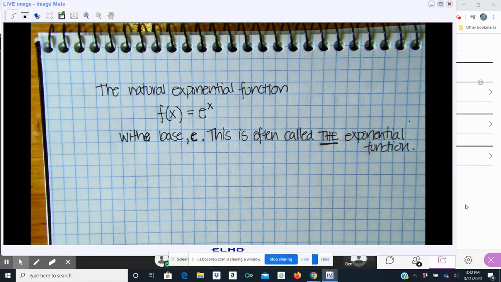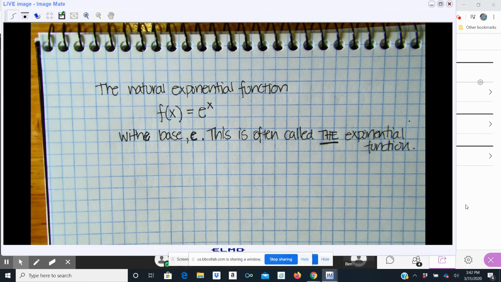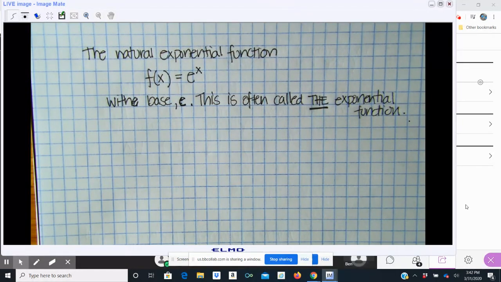So I only mean this because sometimes you will see this in reference. So sometimes they'll say using the exponential function. And when they say using the exponential function, they're talking specifically about f of x is equal to e to the x. It is one of those stupid little hang-ups that we math people do sometimes. It's clear, but it's not clear. It's like secret code, and if you're in the know, you know that the exponential function is e to the x.